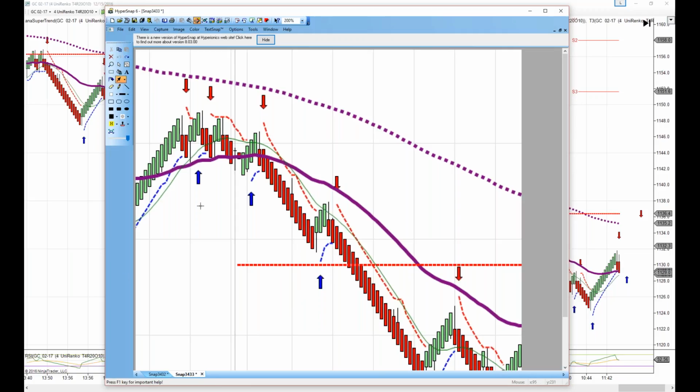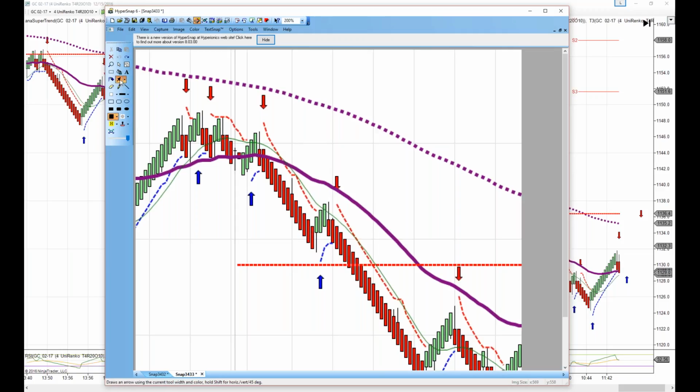Next, we need the bars to be under the 50 moving average. When we have those planets lined up, then it's okay to look for that sell trade, since we are in a downward trend.